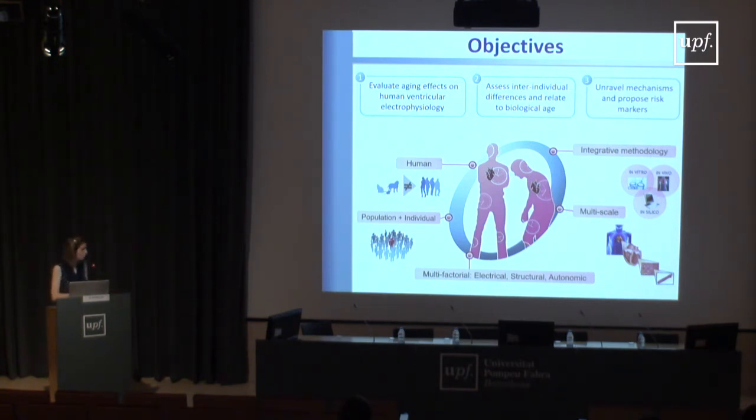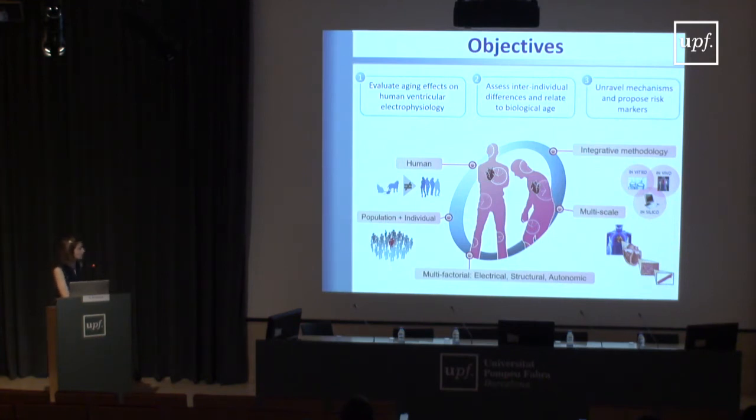We'll consider different factors, mainly electrical factors, because we are focusing on the electrical activity of the heart, but we'll also touch on some structural factors, and importantly, the modulation of the electrical activity of the heart by the autonomic nervous system.